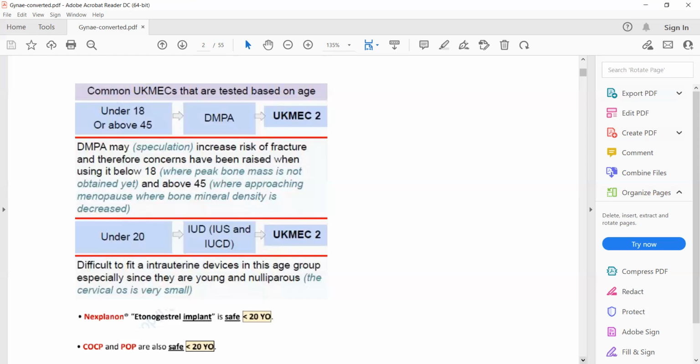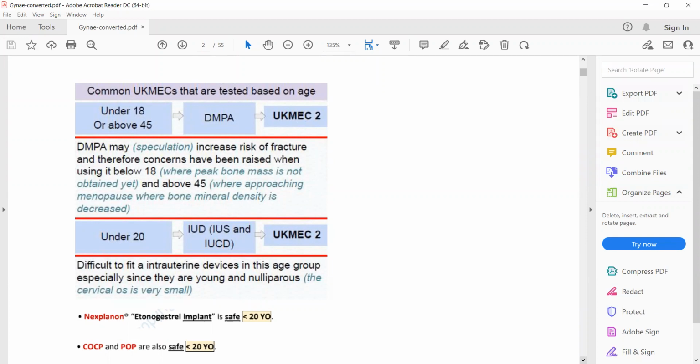Now, what about IUD and IUS or IUCD? They are also UKMEC 2. Because of the fractures and decreasing bone density, is it UKMEC 3? Yes, it is UKMEC 2.